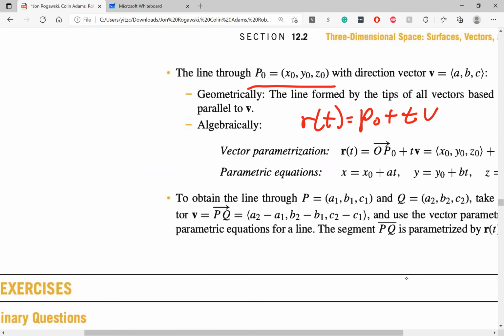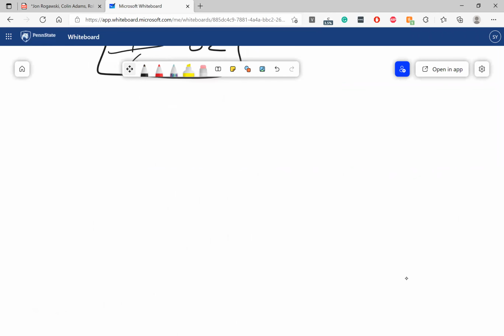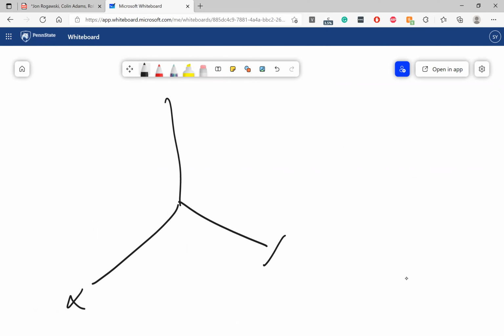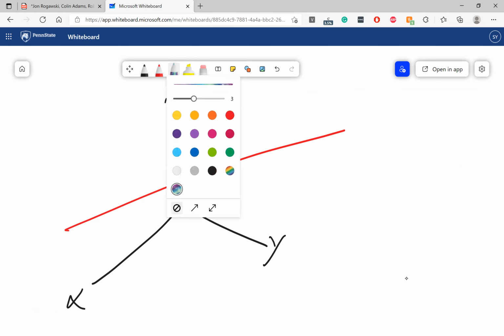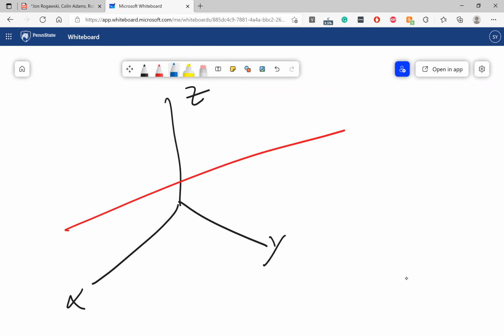So if here is your x, y, and z axis, and here is your line, you end up looking at a point on the line. So this will be your point P0. You find a vector parallel to the line.